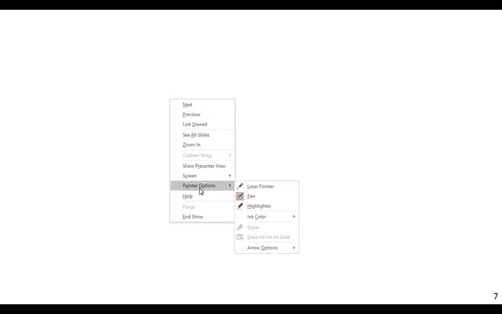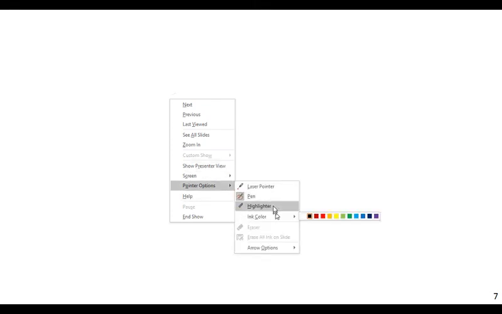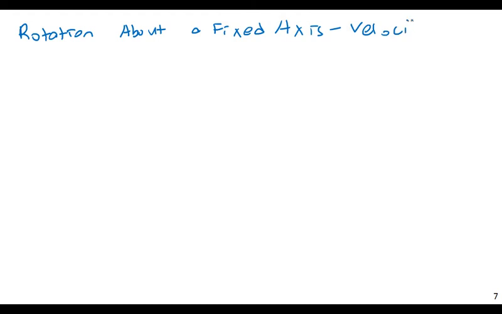All right, so velocity about a fixed axis. Let's look at velocity.